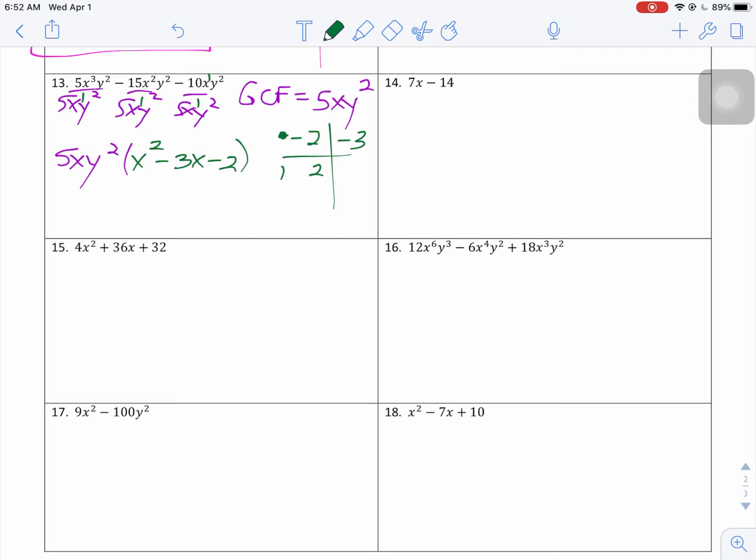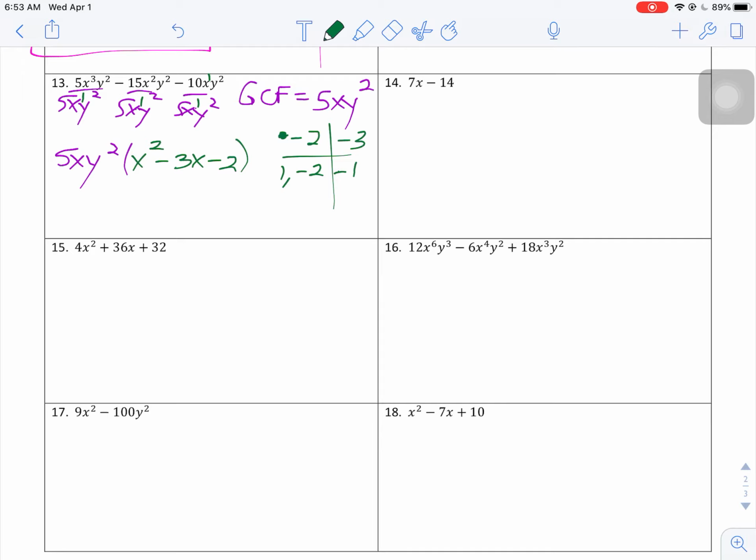I feel like I made a mistake. So 1 times 2, I need one of those numbers to be negative, and then the bigger number should be negative because I'm trying to add up to a negative. So 1 plus negative 2 is negative 1. That doesn't work.